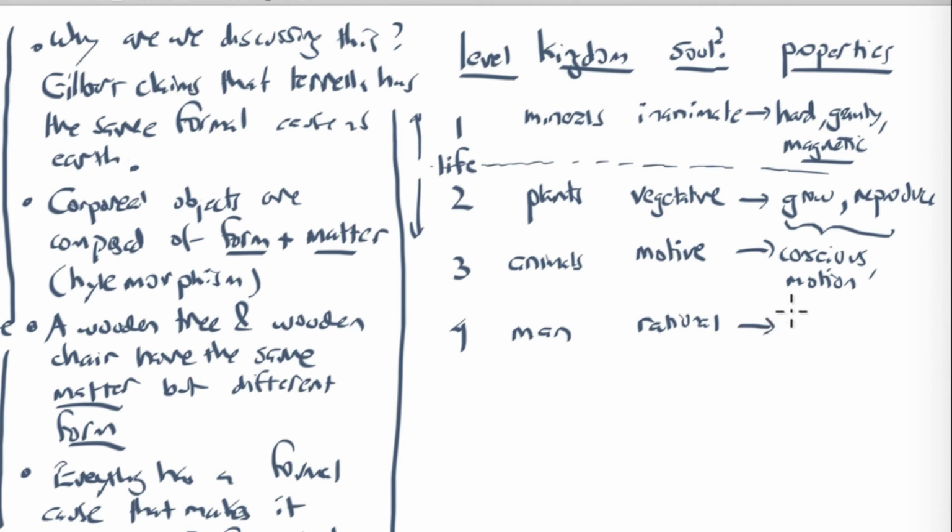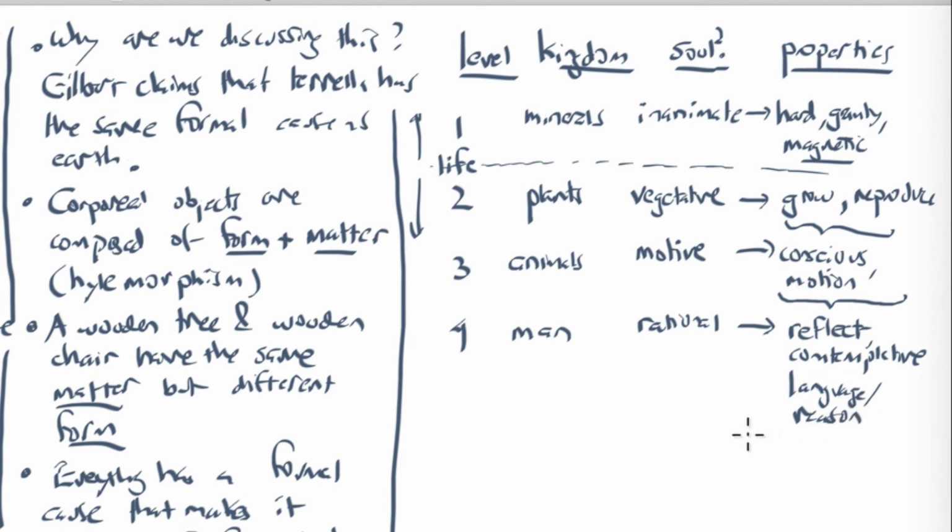And the rational soul allows man to do all the things that vegetables can do, grow and reproduce, all the things that animals can do. They're conscious, they can move around, they're sensitive to their environment and so on. But he also is able to reflect. He can reflect, he can contemplate, and he has a unique ability to use language and reason.